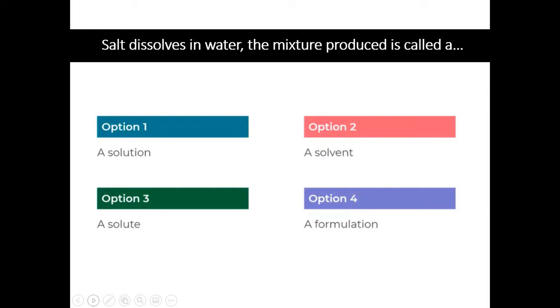Salt dissolves in water. The mixture produced is called, is it a solution, a solvent, a solute, or a formulation? Pause the screen and write the sentence in your book. Salt dissolves in water. The mixture produced is called a solution. Well done. I hope nobody put formulation because we weren't making cakes in that last video.